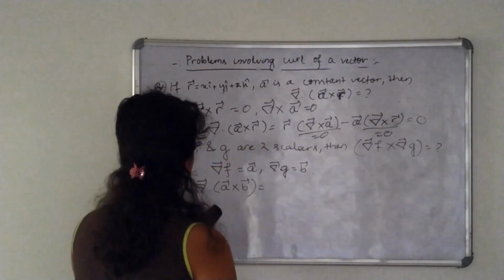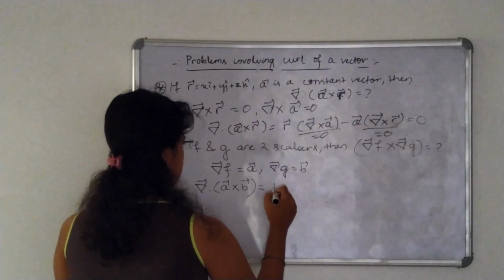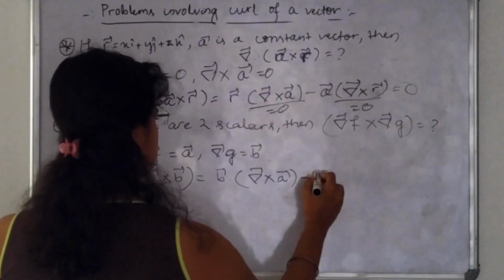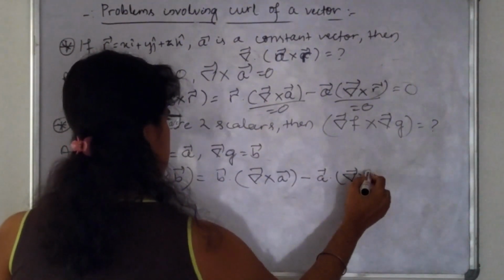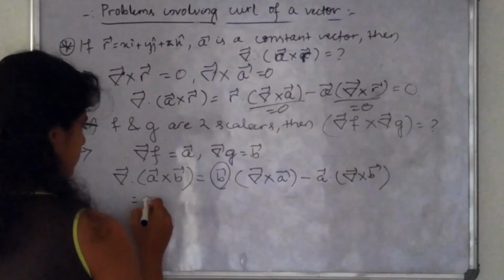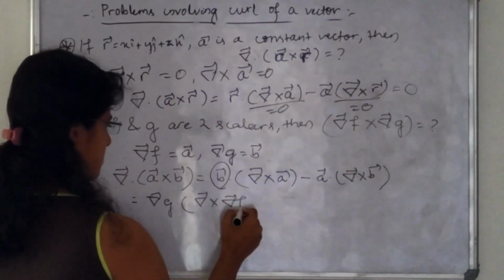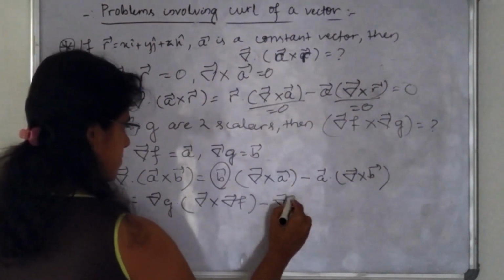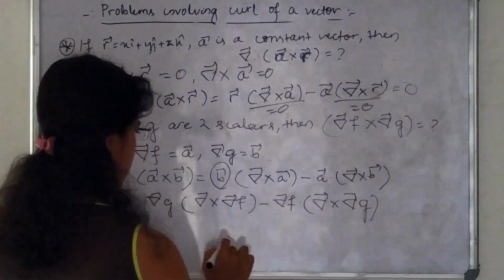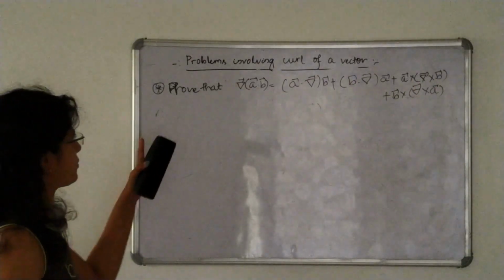If we follow this, that is divergence of A cross B vector, then like this we get minus, so it is equal to, okay, it is equal to 0. So here we have to prove this much.